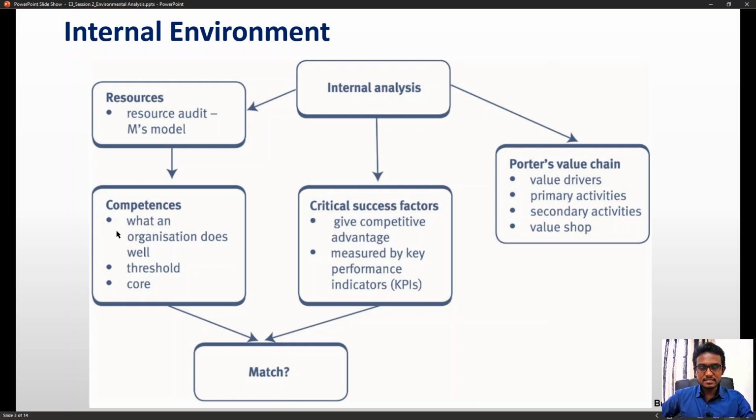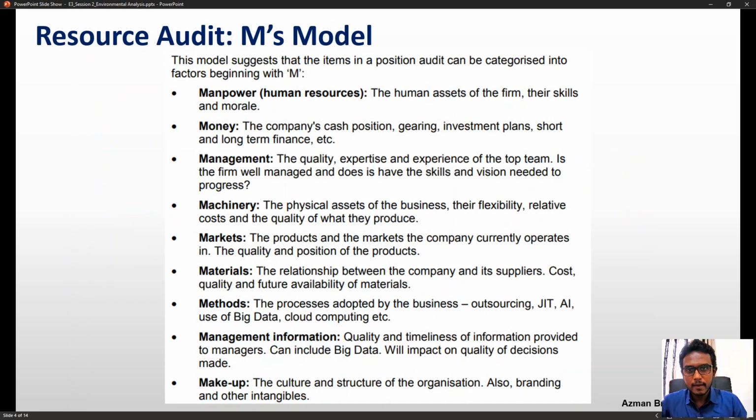Then the competences, which was something that we looked at, but ideally these are things that we need to be doing well to succeed. The critical success factors aspect, and what exactly is the leading route to critical success factors is what we will look at. And in addition to this, we will also think about Porter's value chain. Let's take a look.